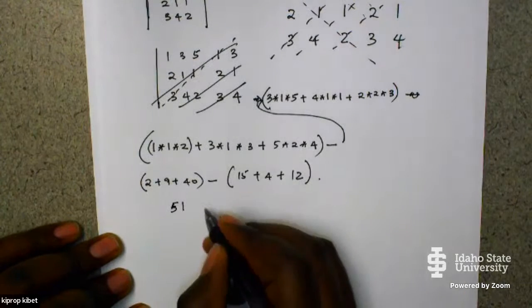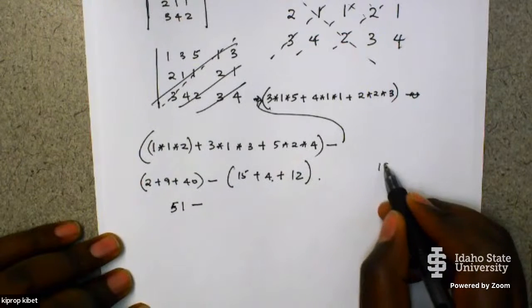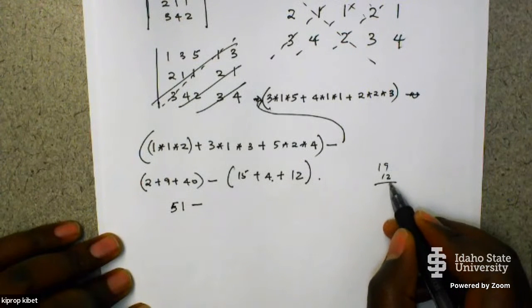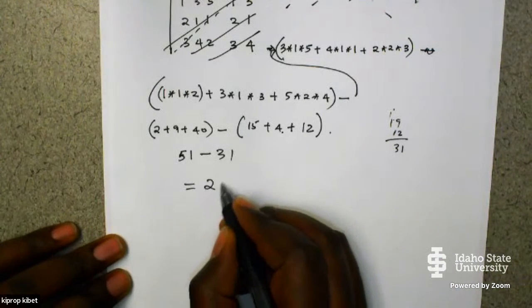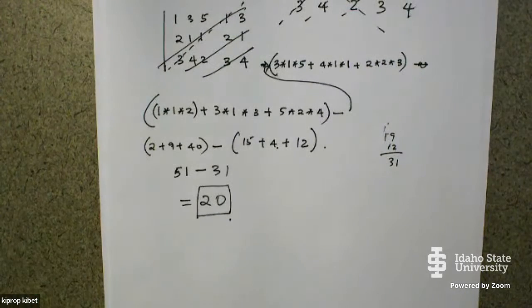Right? Minus 31. And this is giving us 2. Any question after that?